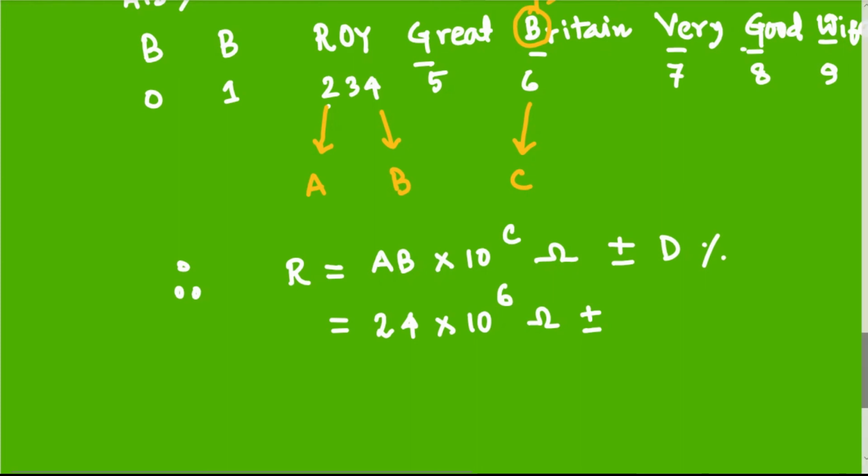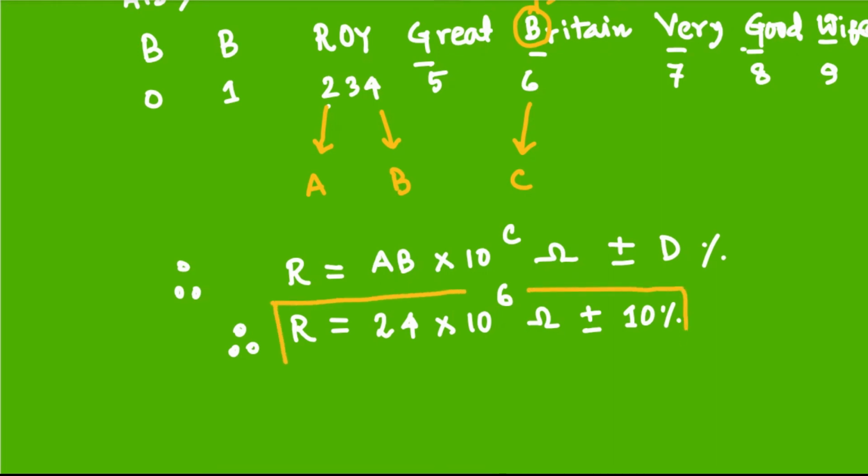If the fourth color strip is gold, then the tolerance will be 5%. But the fourth color strip D is silver, so the tolerance will be 10%. We get the value of resistance, which is equal to 24 into 10 to the power 6 ohm plus minus 10%.